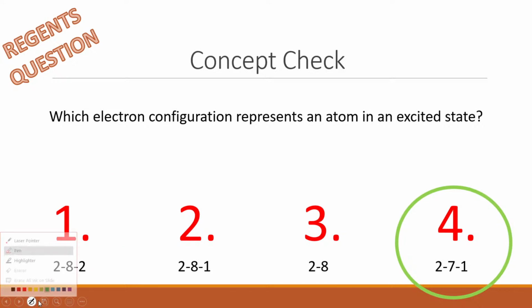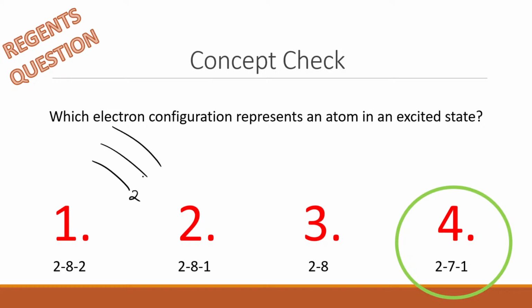When we're putting electrons into the shells, we want to fill the first, fill the second, and then put any leftover in the third. Right? We want to fill each shell before moving on to the next. So 2, 8, 2 fills the first, fills the second, puts the remainder in the third.